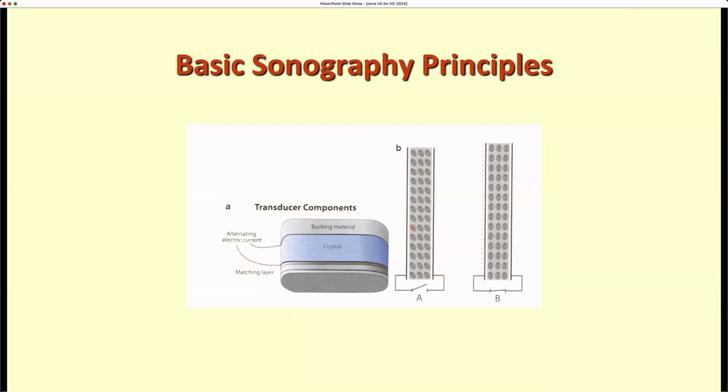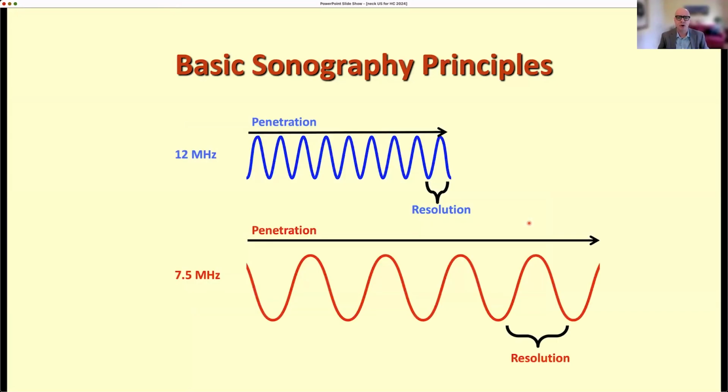These crystals generate the wave, and then when the wave is reflected back onto them, those crystals will vibrate again and generate electric energy that is then transformed by software into a map of images. It's not like X-rays, where you have a gamma ray emitter and a film on the back. Here, the film is the same thing as the emitter, and the probe is really the most important part of your machine.